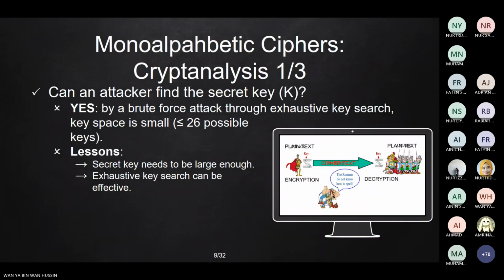The lesson that we have learned is the key must be long, a very large key, so that exhaustive key search will be ineffective.